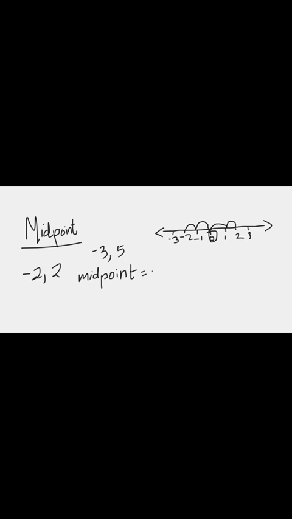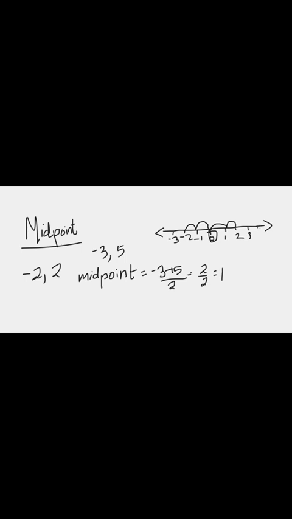So the midpoint is -3 plus 5 divided by 2. -3 plus 5 is 2, and 2 by 2 is 1. So the midpoint between -3 and 5 is 1.